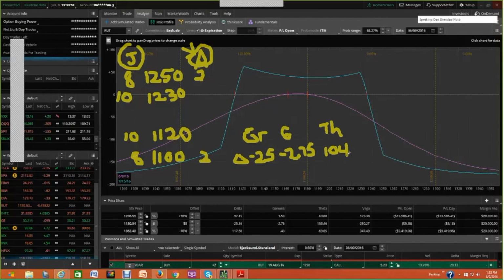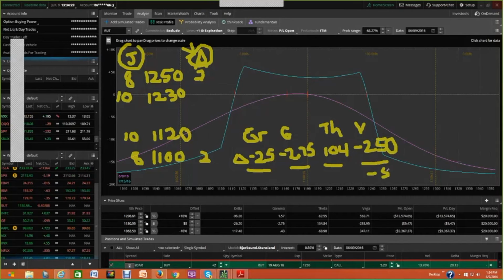It was 109 before. And the Vega is minus 250. And before, the short Vega was 555. All right? So deltas are about the same. Gamma's about the same. Theta's about the same. Vega down 55%, ladies and gentlemen.